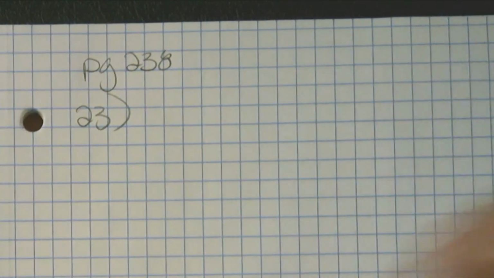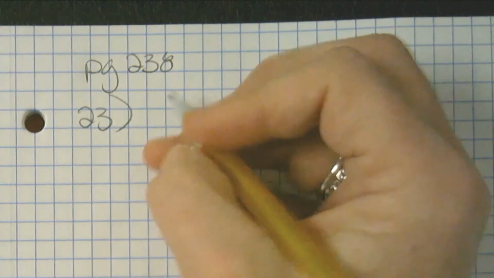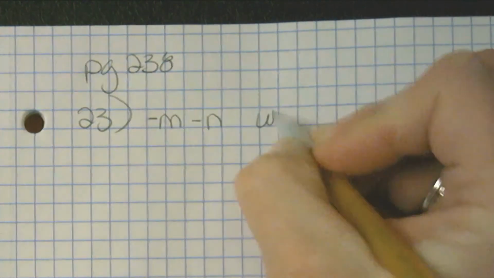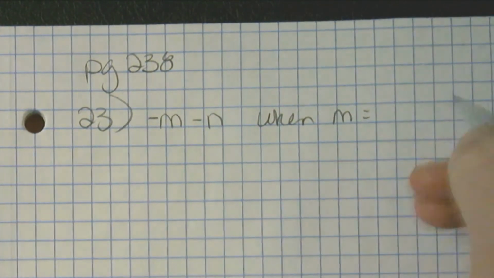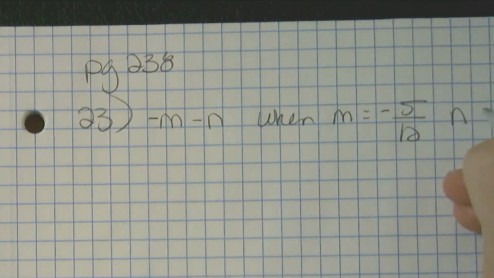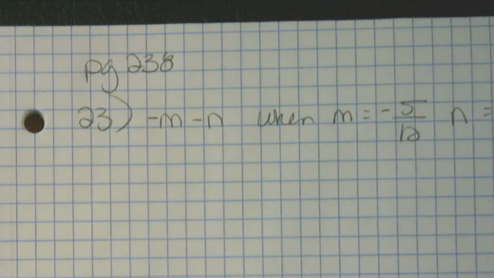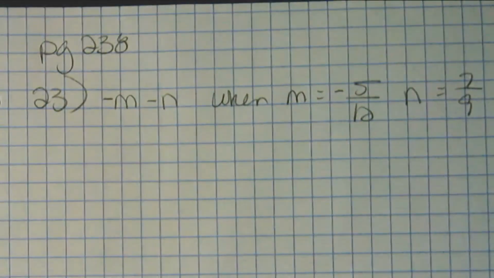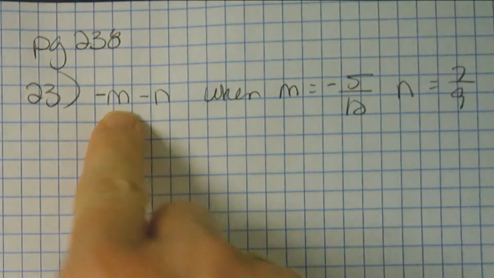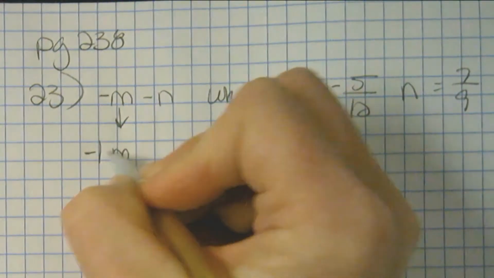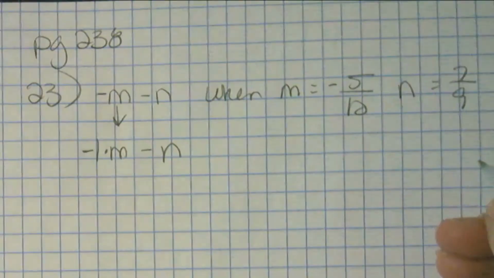All right, so number 23 says evaluate the function negative m minus n when m is equal to negative 5/12 and n is equal to 7/9. Who asked me for this? Okay, so Sophia, the key to this is remembering this is negative m. That's the same thing as negative 1 times m, minus n.